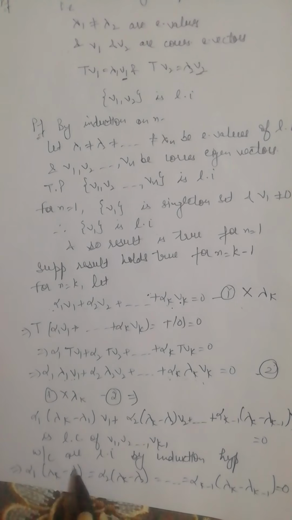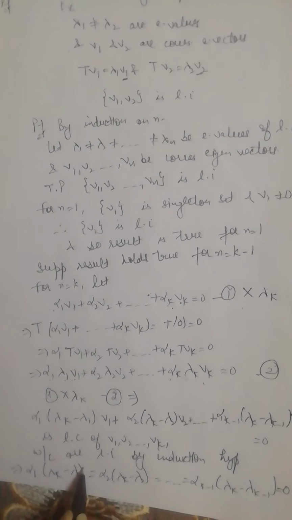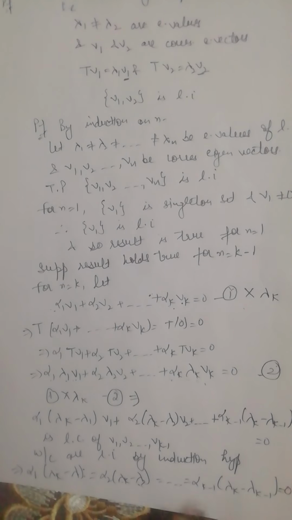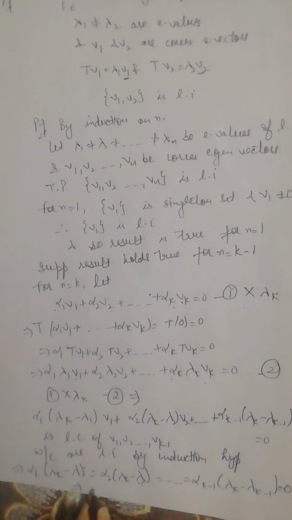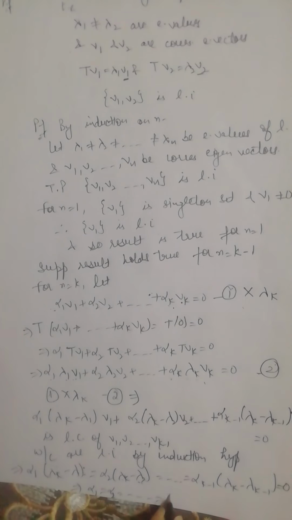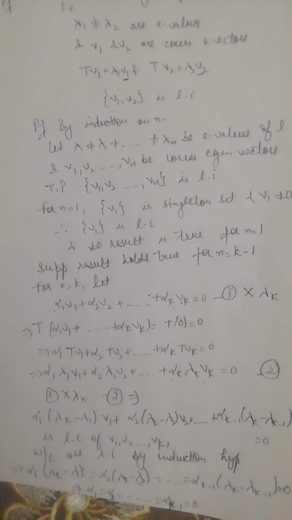Now since lambda k is not equal to lambda 1, lambda k is not equal to lambda 2, and so on, all these lambdas are distinct, therefore these factors are not equal to 0. This implies alpha 1 equal to alpha 2 equal to up to alpha k minus 1 are all 0.